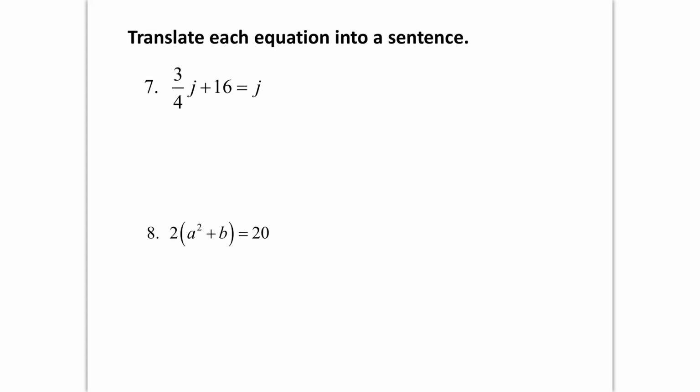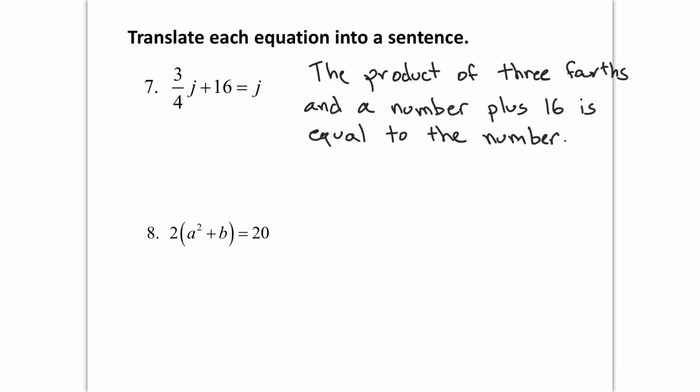We can say 3/4 j, or we can say the product of 3/4 and a number. There's many ways you can do it, but let me just give you one way you can write the sentence. It says the product of 3/4 and a number plus 16 is equal to the number.